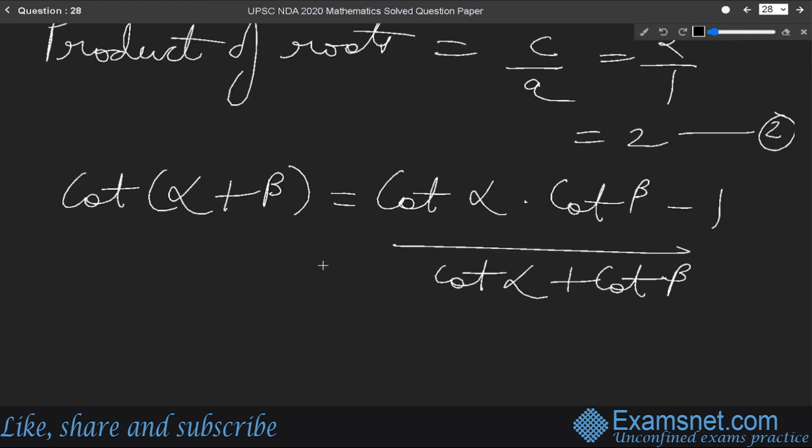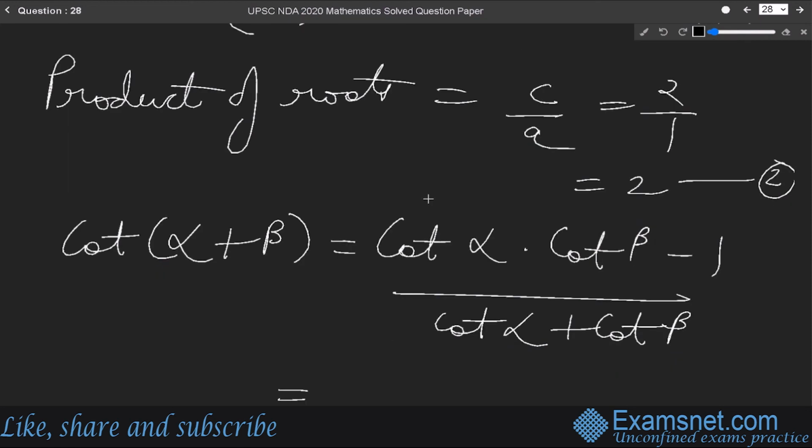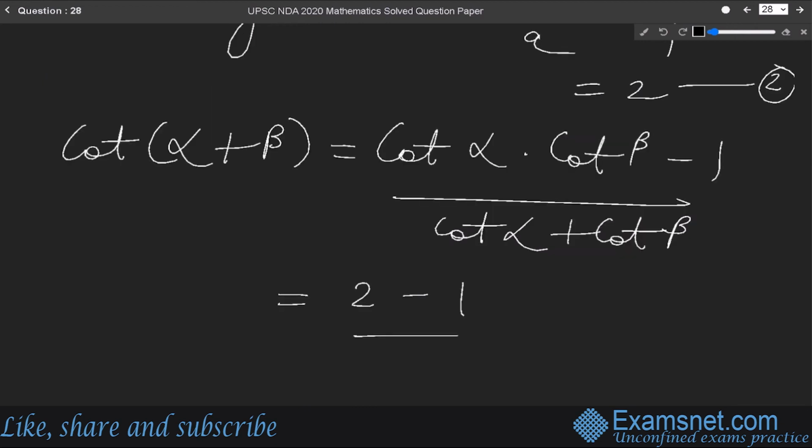So now simply putting the values which we already found, sum of roots and product of roots. See, product of roots means cot alpha into cot beta, this is the product, and cot alpha plus cot beta is the sum. So product of roots is 2 minus 1. Again sum of roots is 3. So it will be 1 by 3. So the value of cot alpha plus beta is 1 by 3.